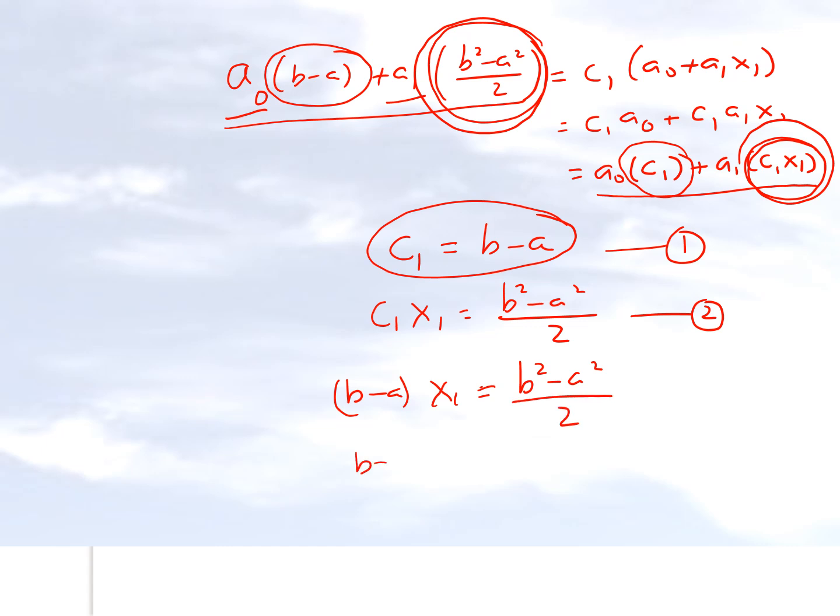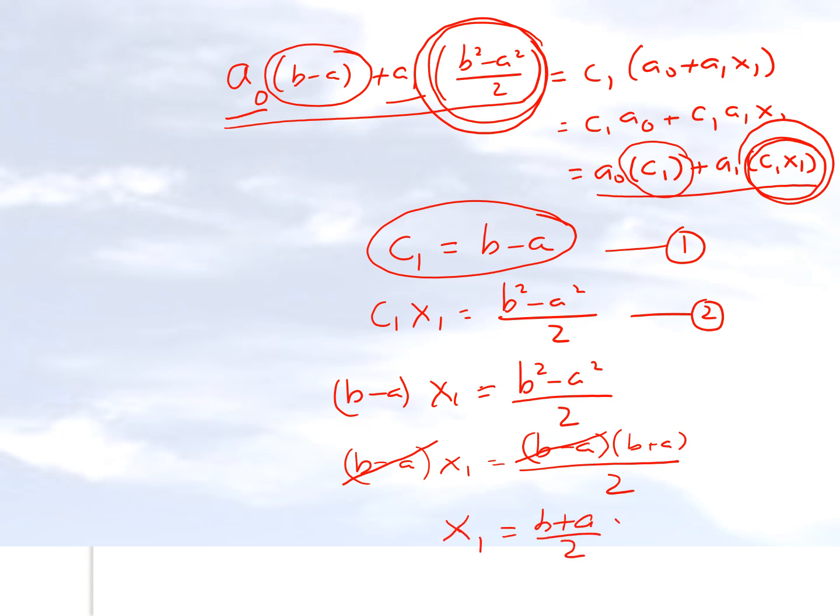I will do b minus a times x1 is equal to b minus a times b plus a divided by 2. I apply the formula for b squared minus a squared, factor it out, and this b minus a cancels, so I get x1 is equal to b plus a divided by 2. So I obtained where the function should be calculated and what weight it should be given so that I get an approximate value of the integral by the one-point Gaussian quadrature rule.